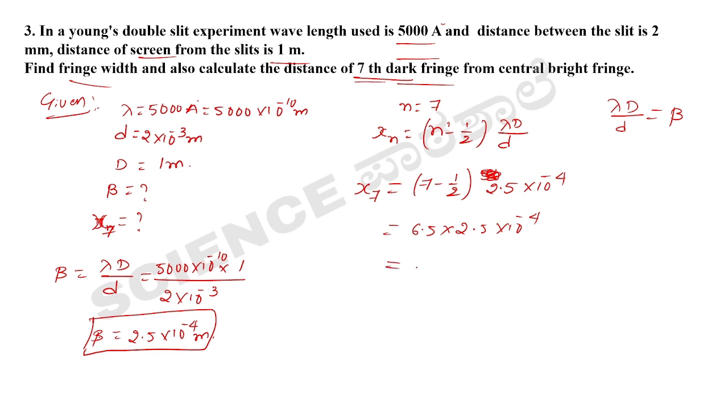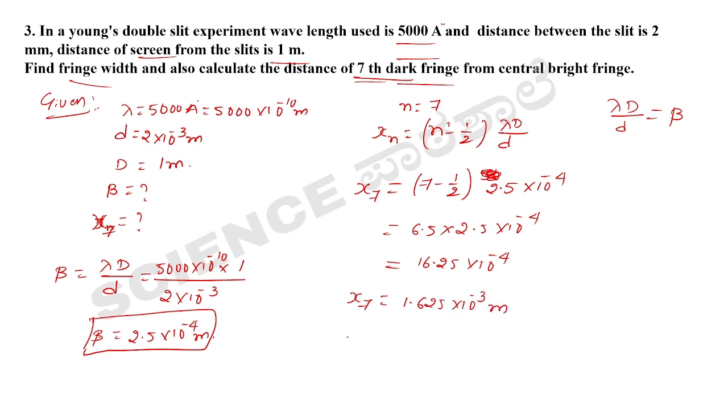If you multiply this, you will get 16.25 into 10 raised to minus 4. So x7 is equal to 1.625 into 10 raised to minus 3 meter.